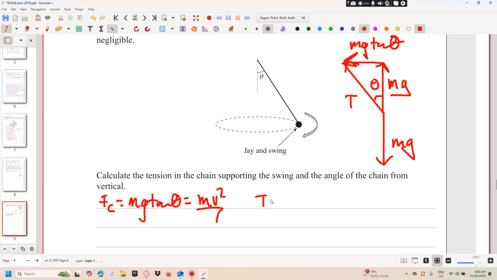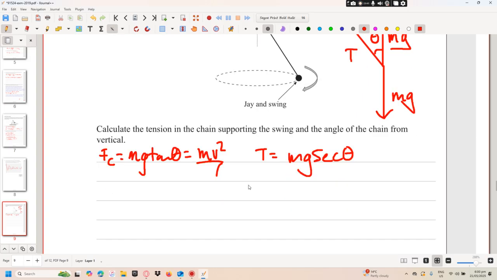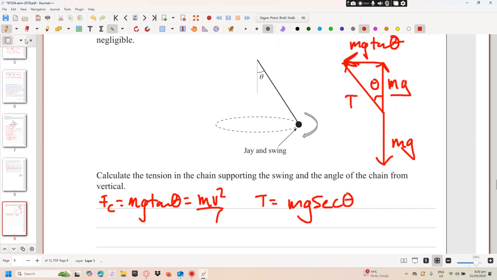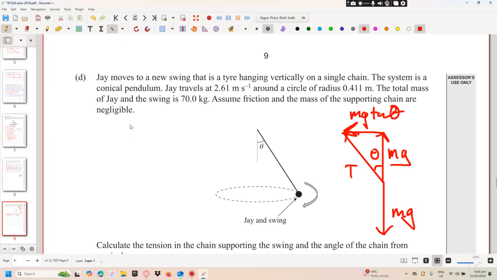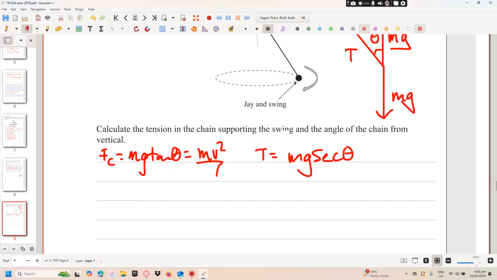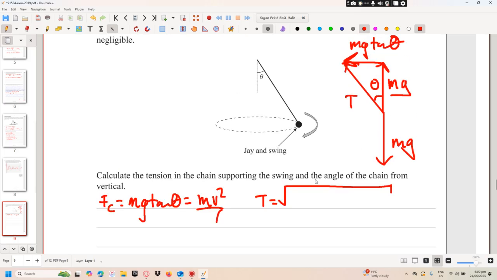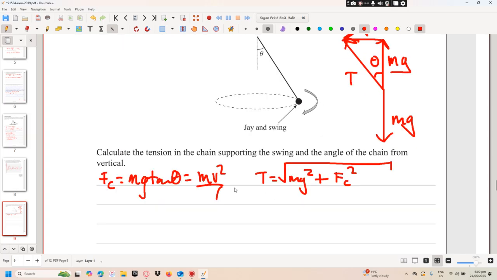And T equals mg secant theta, or yeah, right. Actually, we could just say T equals the square root of (mg) squared plus Fc squared.